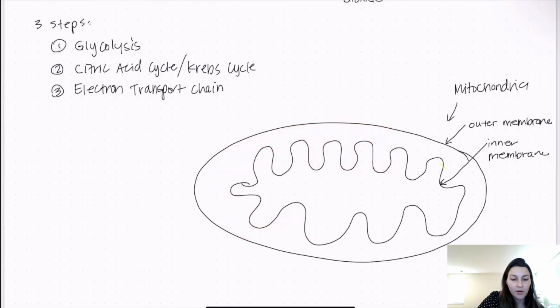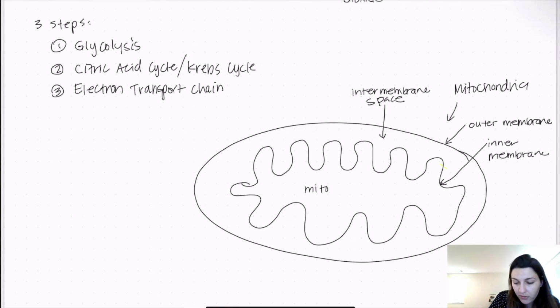I could keep going, but you get the point, right? So all of this space here is called the intermembrane space. So we have our membranes, we have our intermembrane space, and then we have this stuff in the middle. This is called the mitochondrial matrix, or just the matrix.